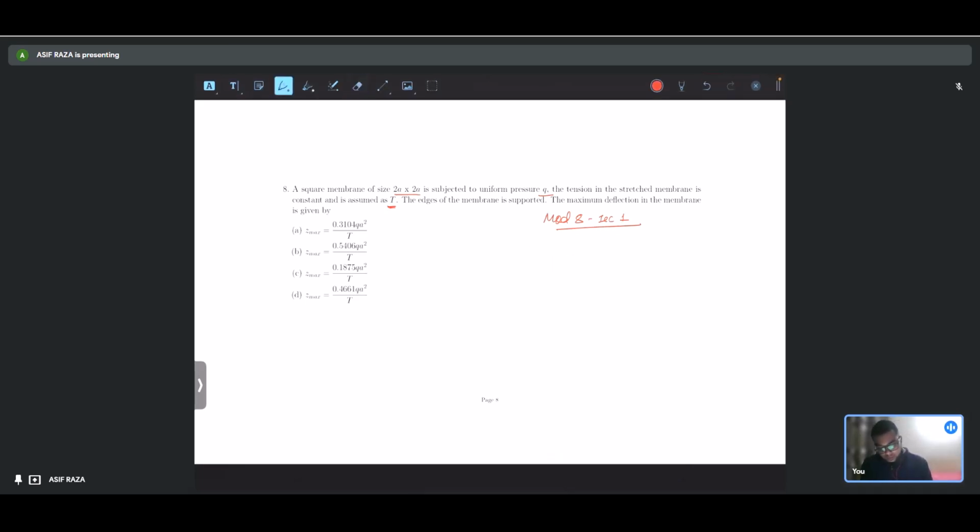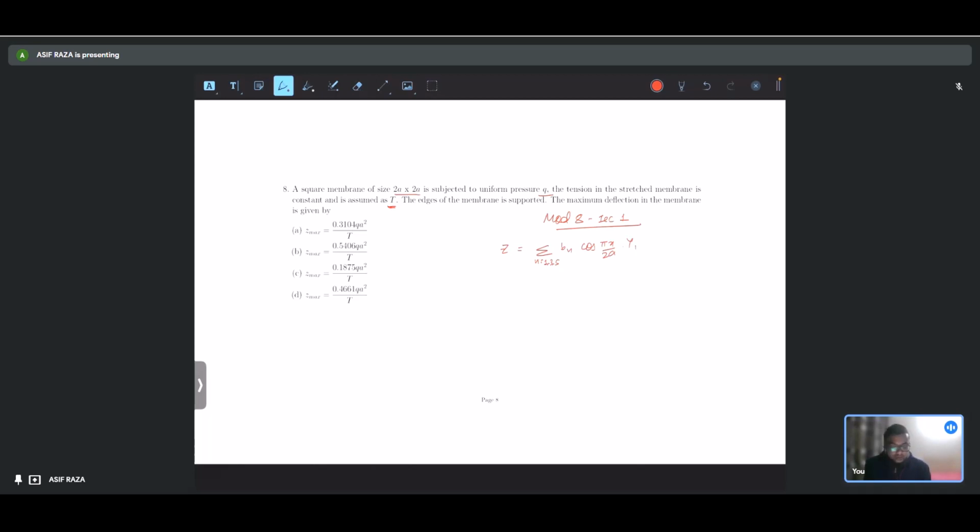You have seen that displacement is given by the relation z is the summation over n equal to 1, 3, 5 of bn cos(pi x by 2a) times yn, correct?